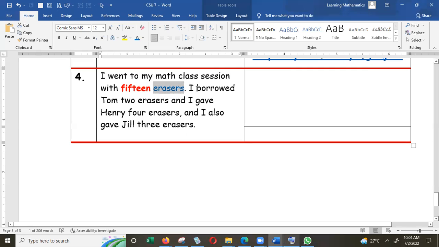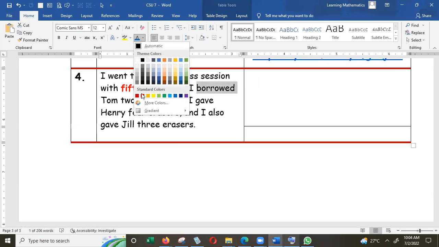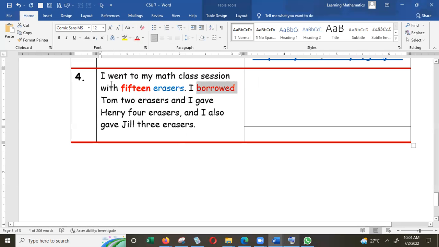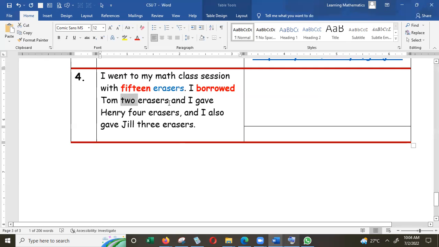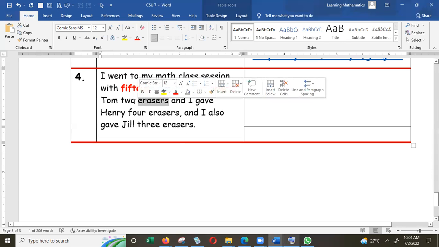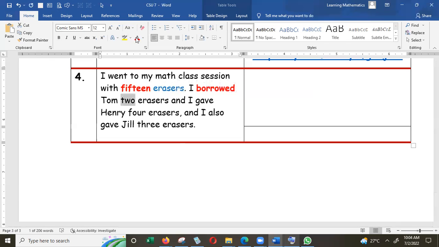Now I borrowed. Borrowed is quantitative. It signifies quantification because you are basically giving away an amount of something. Okay, and as we see above, we know the symbolic translation for borrowed is a subtraction sign. The word two, or you can say two erasers, but the word two surely signifies quantification.